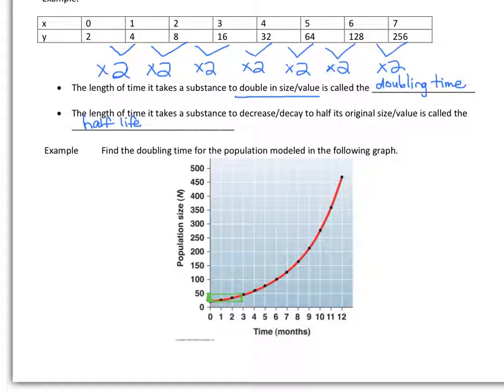If we want to make a note here for our steps, we notice the initial value was about 25. So when looking for the doubling time, we're looking for the time it takes to reach 50, which is approximately 3 months.